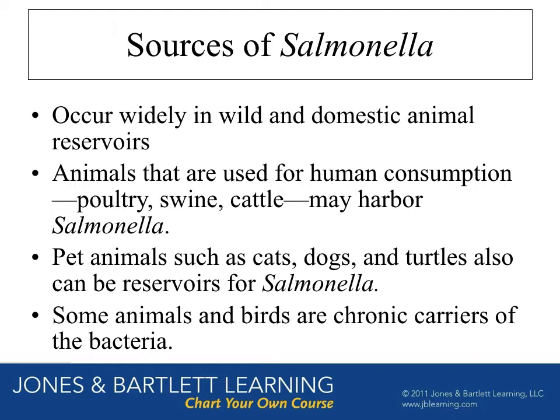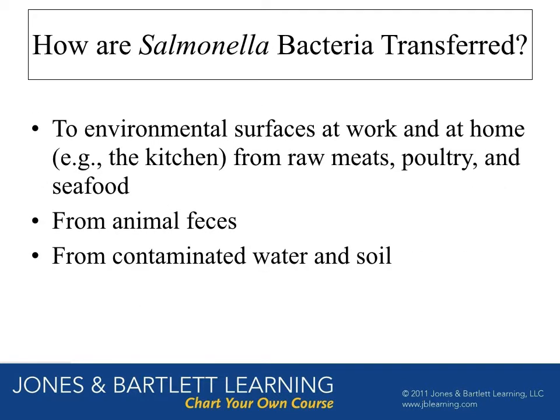So it's not necessarily just the food we eat, but it's also our pets. If we're not careful, we can take that from the pets into our food in the home or in other settings and introduce that into the food stream. And some animals and birds are chronic carriers of that, so you'll see that out in the widespread environment more.